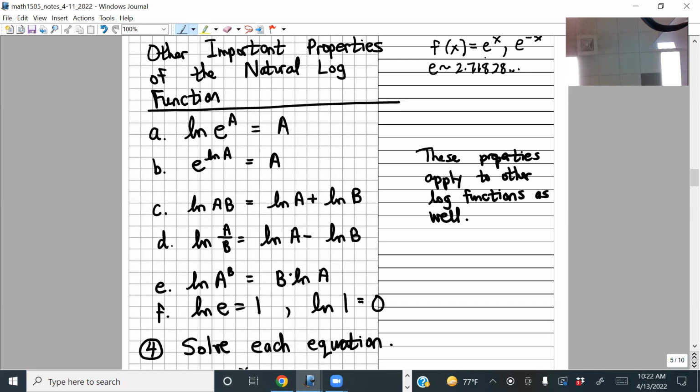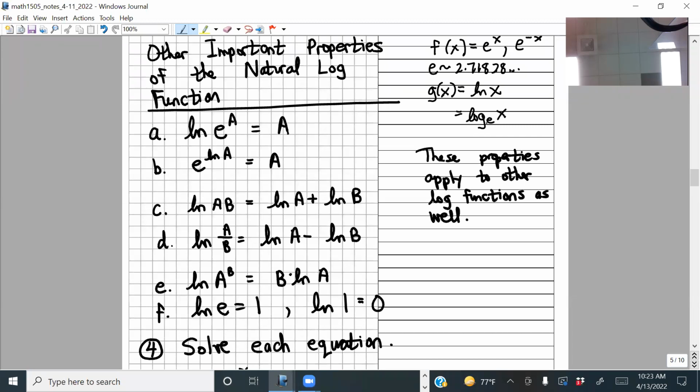Now, that's the natural exponential function. Remember, that function is always increasing from left to right, so it has an inverse, and the inverse is the natural log function, which we denote this way. Okay. So you can think of ln as a kind of reverse acronym for natural log function. You can also write it out in this format as well, log base e.